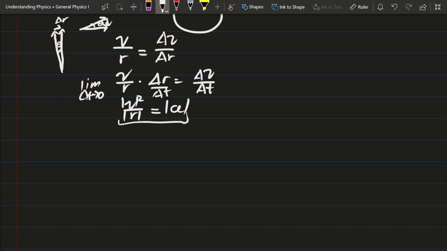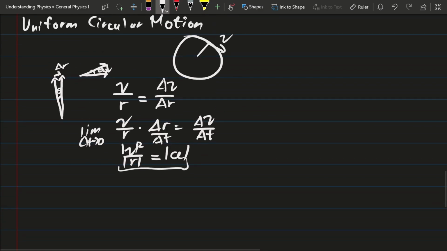So where is this acceleration going towards? Well, if we look at this graph, we could see that the velocity change actually goes inwards towards the circle. So in here this is the change of v. That means that the acceleration should also go in this direction, which is towards the circle.